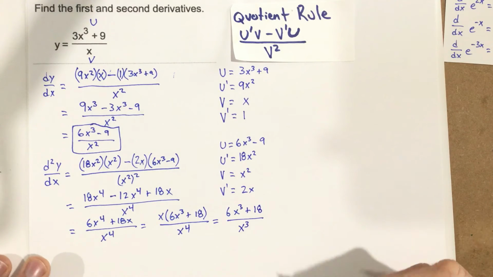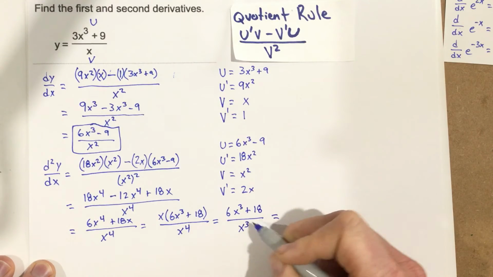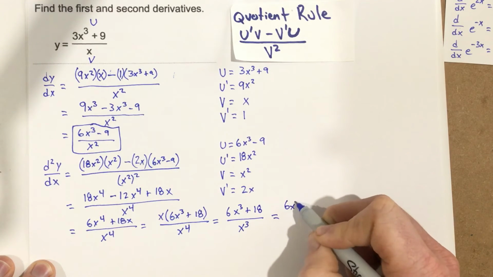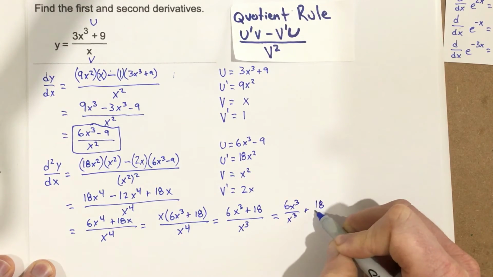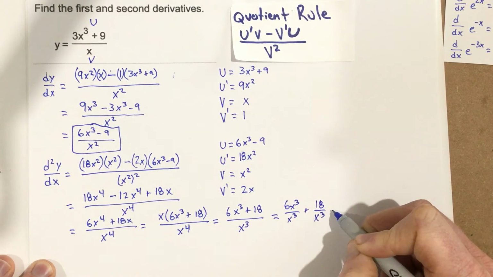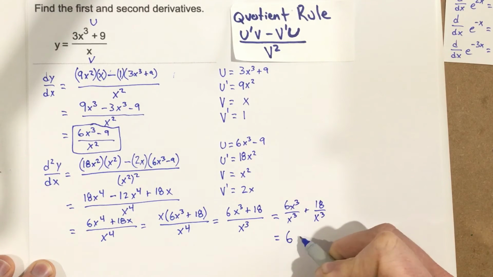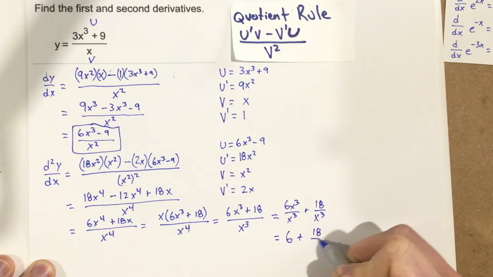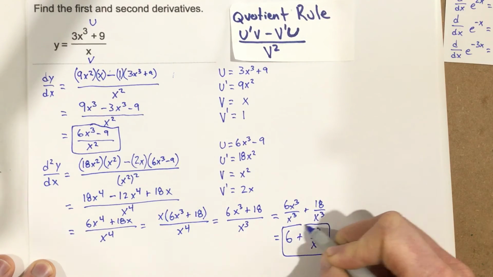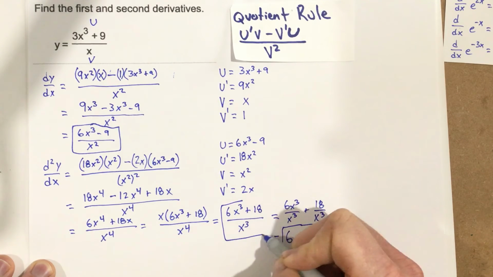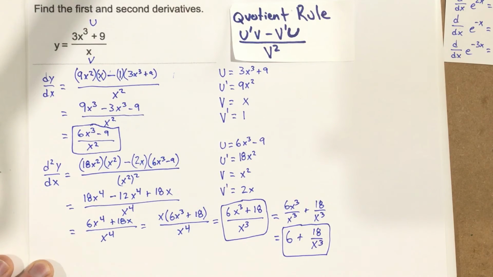And we could leave this here, or we could write this as, if we split the denominator, 6x cubed over x cubed plus 18 over x cubed. So you could write it as 6 plus 18 over x cubed if you wanted. So I think they'll probably accept this version or this version in my math lab, and both are okay.